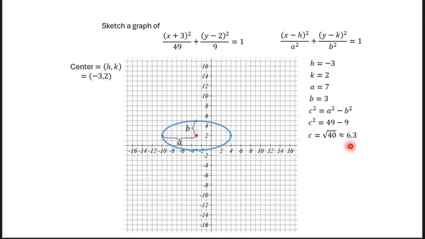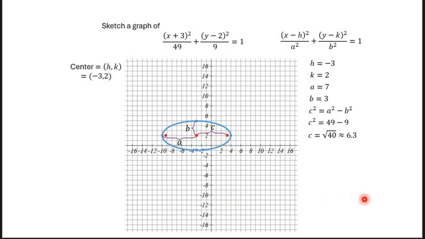And the square root of 40 is about 6.3. So from the center, I'm going to go 6.3 units to the right and 6.3 units to the left. Those red dots around the center, those are the foci. So now I've drawn the ellipse itself by identifying the vertices and co-vertices, but I've also graphed the points that are the foci of the ellipse.